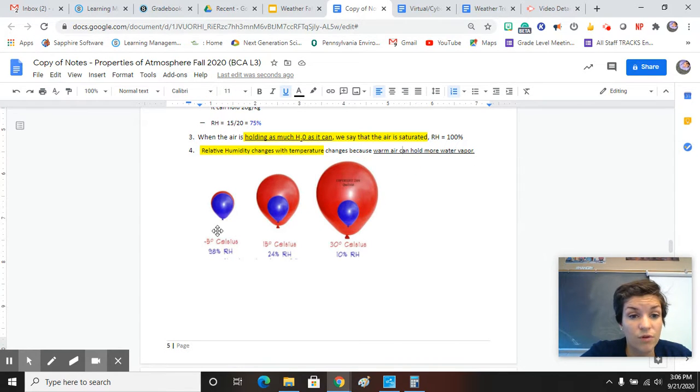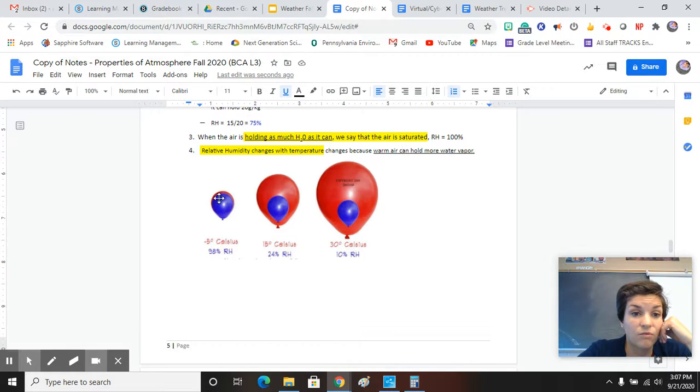So, for example, this red balloon is an example of air, and it's at -5 degrees Celsius. It's pretty cold. You'll notice the water for each of these, which is the blue balloon, stays the same. So the water doesn't change, but you can see as we heat up these balloons, they get bigger.